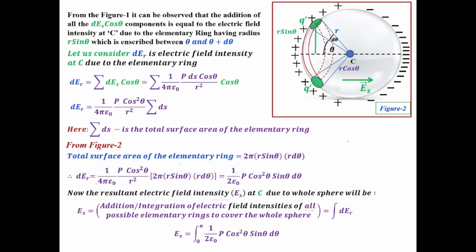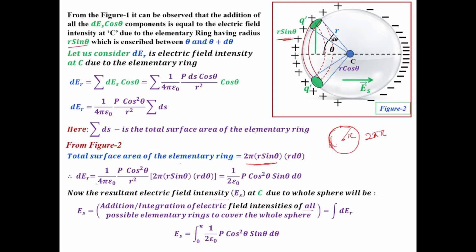Here you can see, we know that if this is a circle, then the circumference, that means the total length of this circle, will be equal to 2 pi r if r is the radius. So for this circular strip, the circumference will be how much? 2 pi r, and here the radius is your r sin theta.